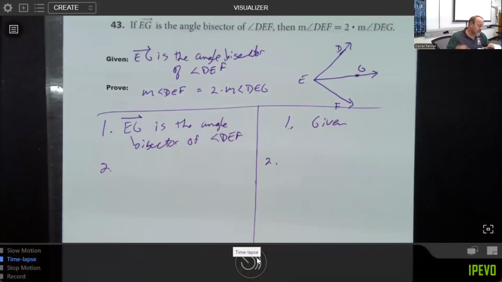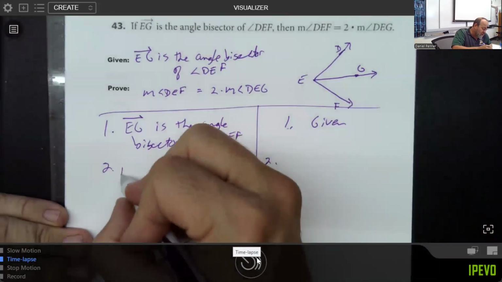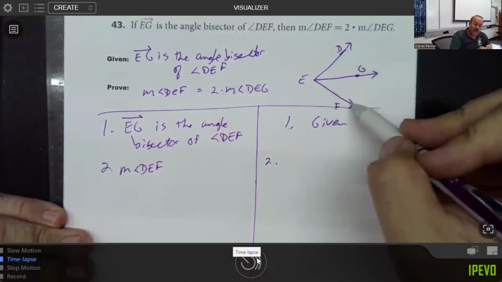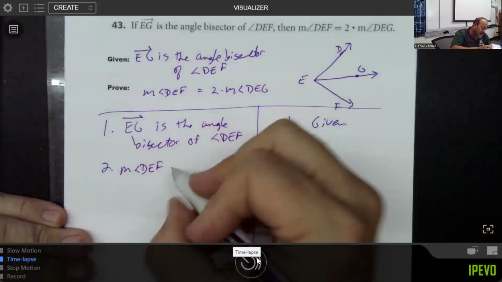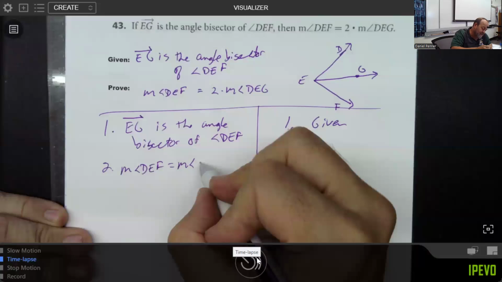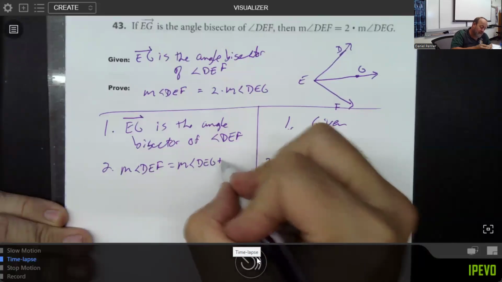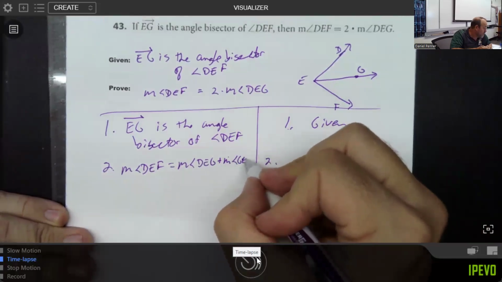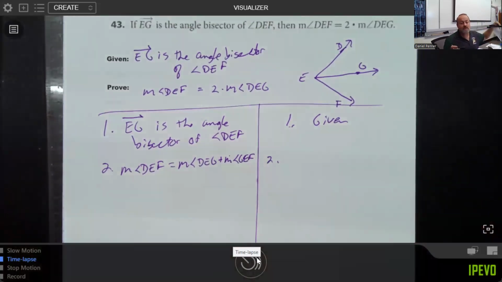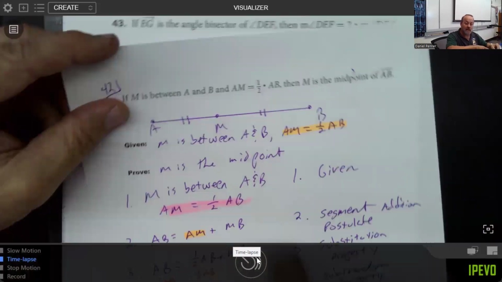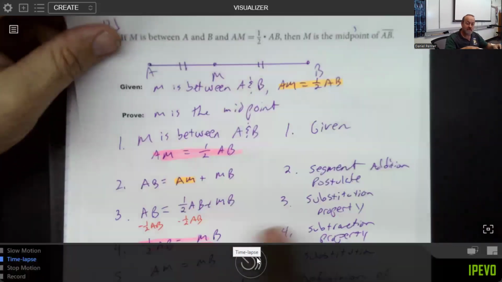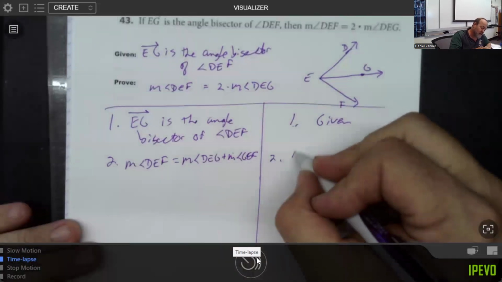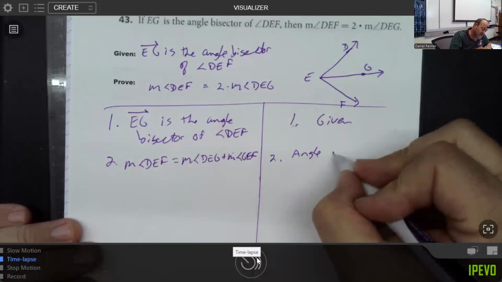So what I'm going to say is that I know that DEF, which is the entire angle right here, could be broken up as the top angle DEG plus the bottom angle GEF. Now, notice when we did this over here, I broke a segment into 2 pieces, and we called that the segment addition postulate. This, of course, is then called the angle addition postulate.